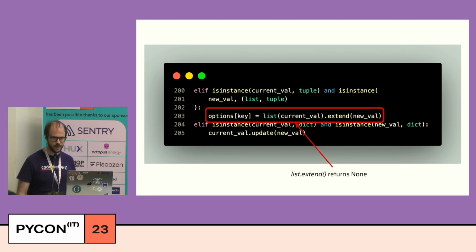But probably in this case, the developer forgot that the extend API returns None because it modifies the list in place. So it means that the option key is gonna be None, and probably at some point it's gonna explode in an AttributeError. So that might be quite dangerous.